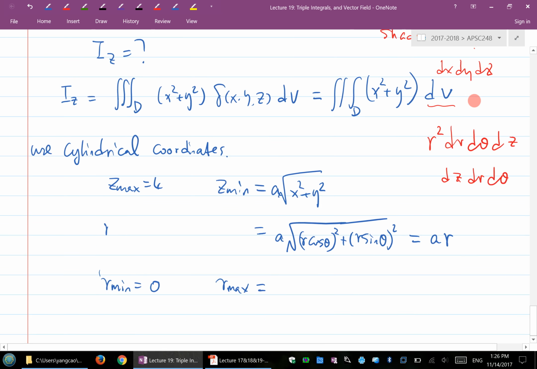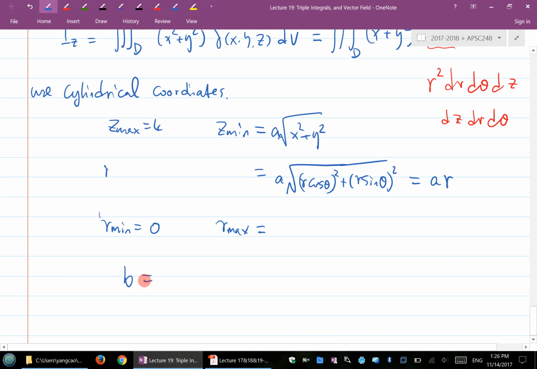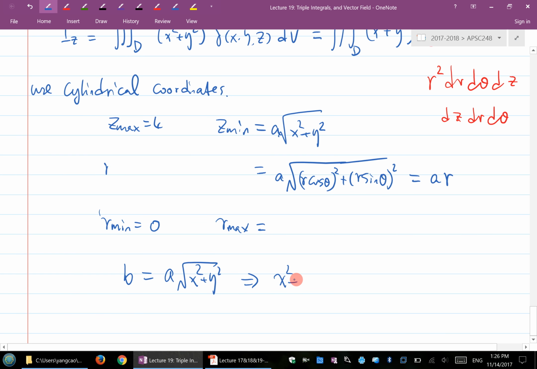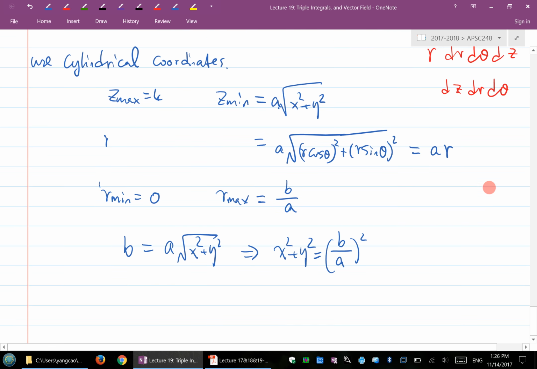So the intersection is b equal to a times square root x squared plus y squared, and that gives us x squared plus y squared equal to b over a squared. So the radius of the shadow circle, R max, equals b over a.